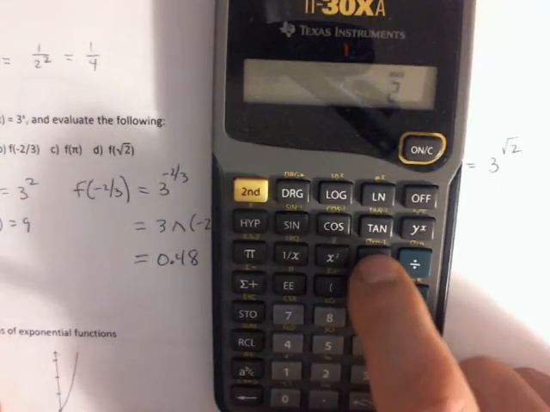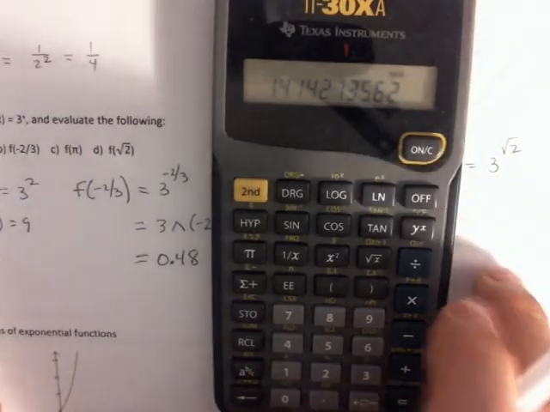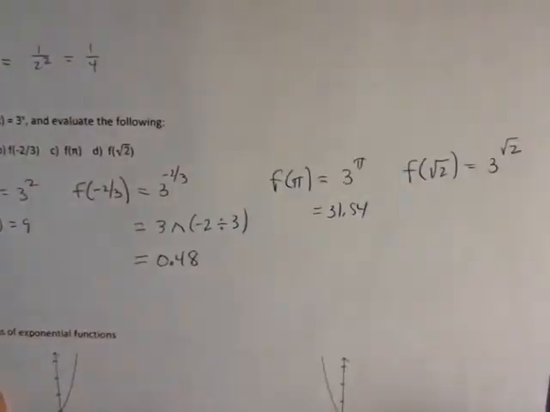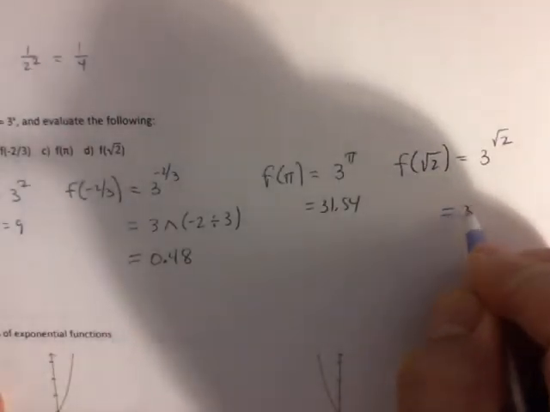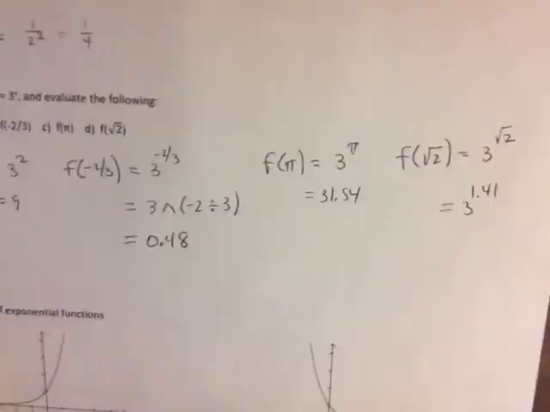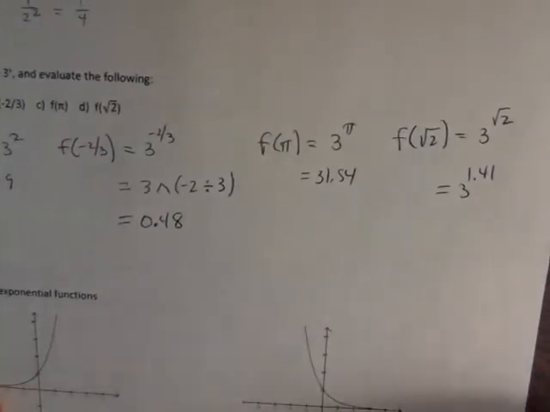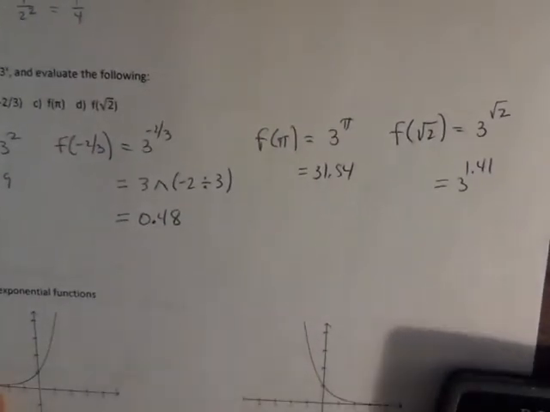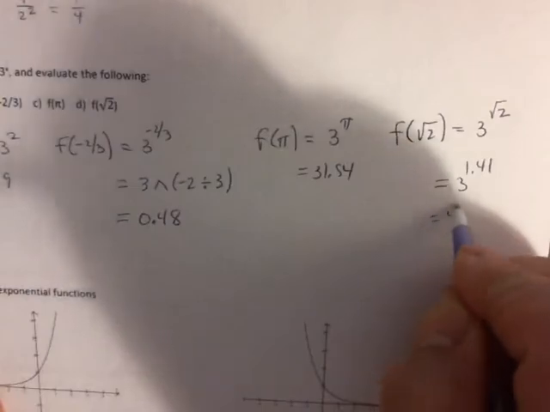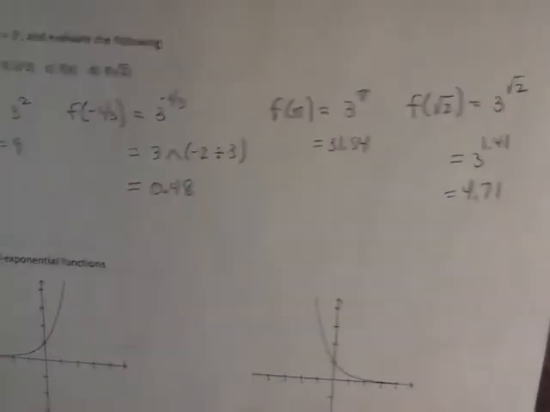So if I do 2 square root, I get 1.41. So I can simply go ahead and find the exponent as a decimal and do my 3 y to the x, 1.41, and I get about 4.71, okay?